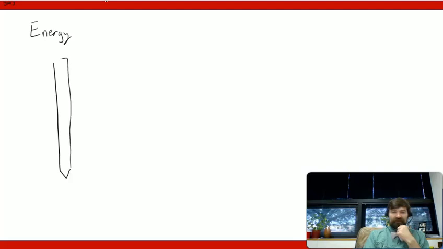From an energy perspective, let's look again at this pin or tower or whatever. So let's say that I have a very long, very thin object that I can balance at a point like this.